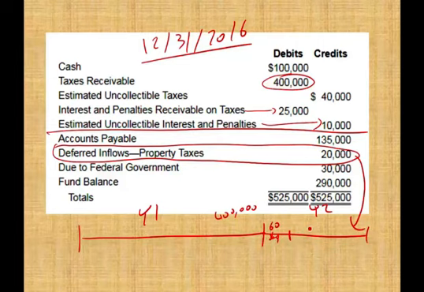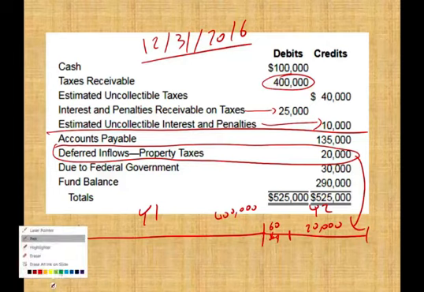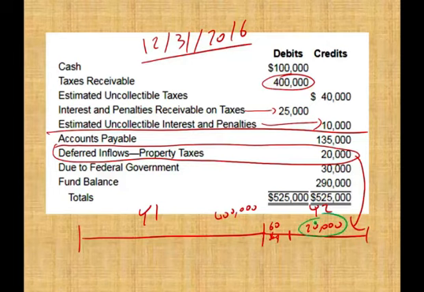But there are 20,000 that's going to be collected longer than 60 days. It won't be collected until after 60 days past year end. Therefore, what we do, it's called deferred inflow. So it's not revenue yet. It's going to be revenue in 2017, so we cannot count it as revenue in 2016. This is what we mean by deferred revenue.